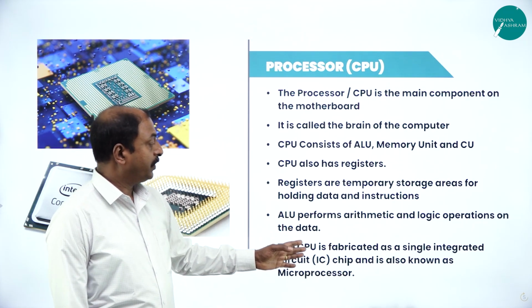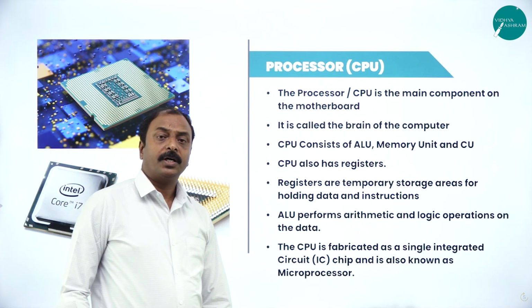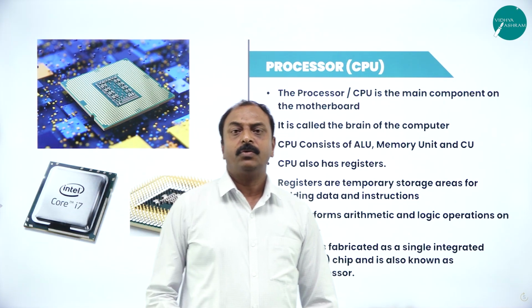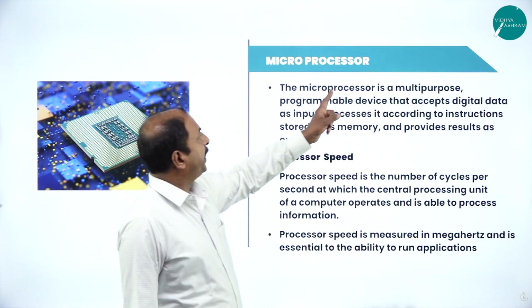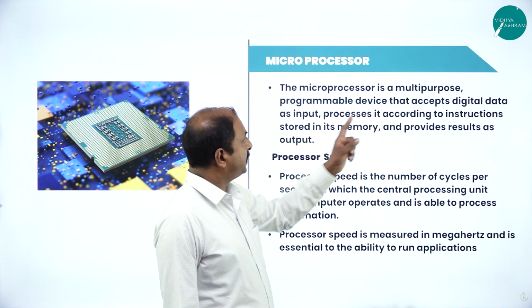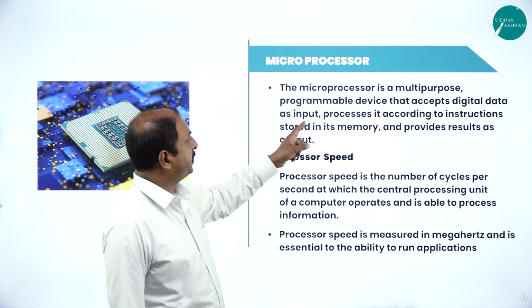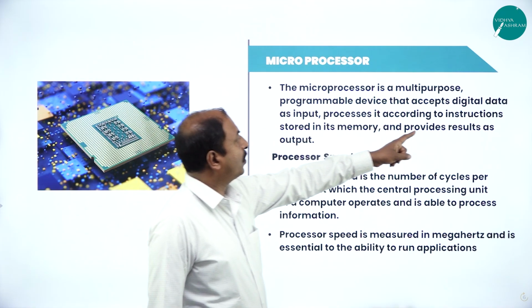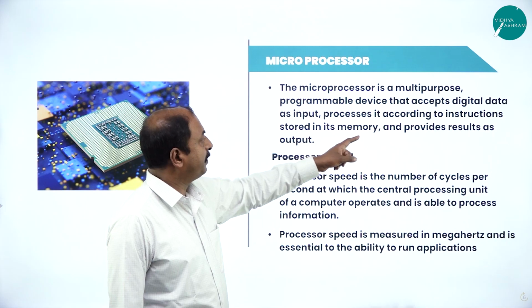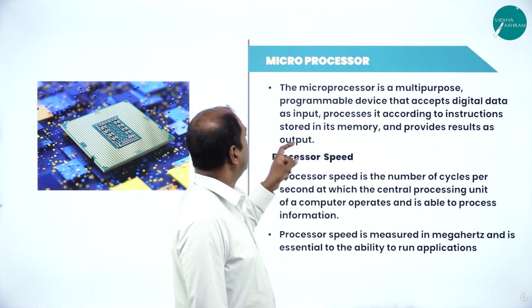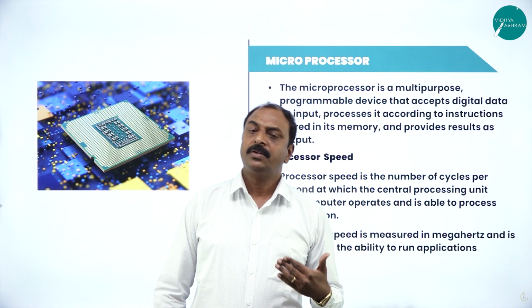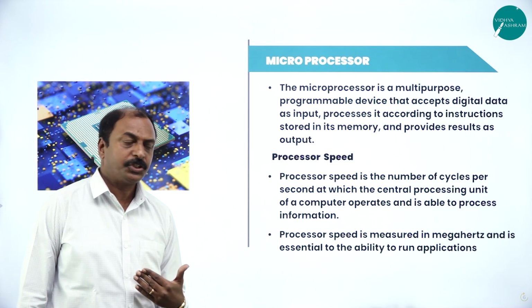So this is what we have discussed in block diagram of computer system. Now let us move on to next slide. The microprocessor is a multi-purpose programmable device that accepts digital data as input, processes it according to the instructions stored in its memory, and provides result as output. That is what we discussed yesterday in the previous session.